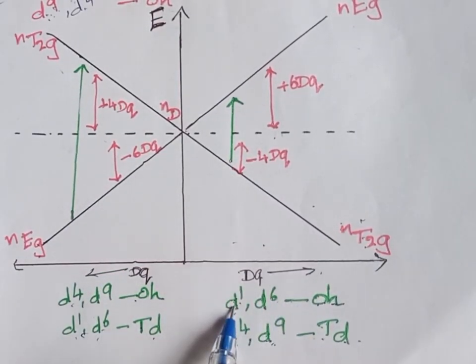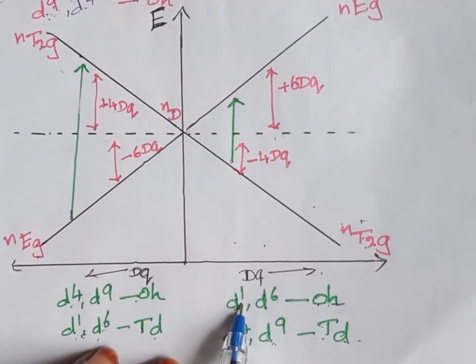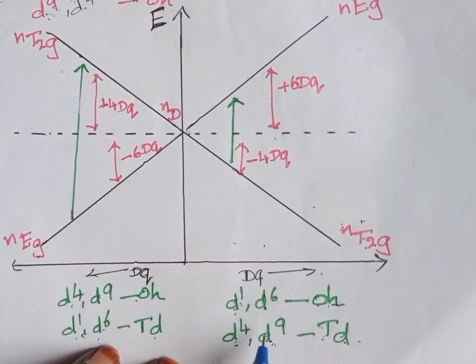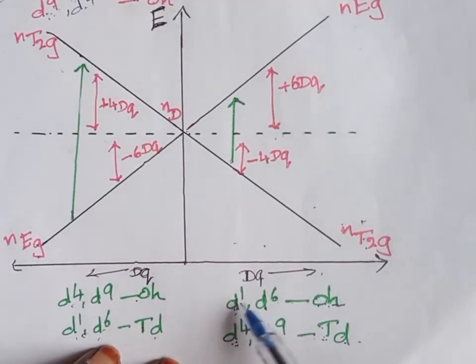D1 octahedral is the same for D6 octahedral. D1's whole reverse is D9 tetrahedral, and D9's normal configuration is D6. D4, D9 tetrahedral is applicable as D1, D6 octahedral configurations.